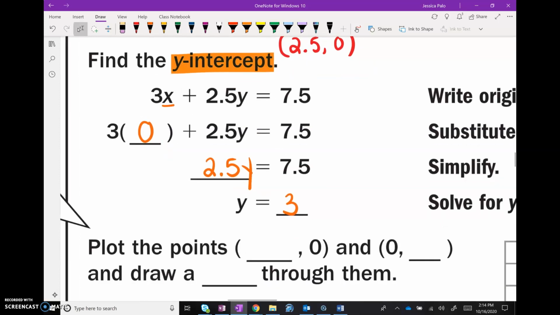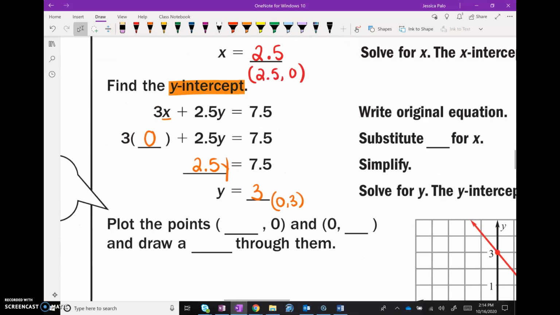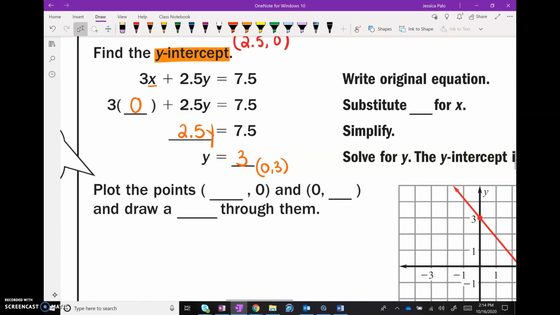The coordinate to represent your y-intercept would be 0, 3. So we now are going to plot the points 2.5, 0 and 0, 3. And then we're just going to draw a nice line through those 2 points.